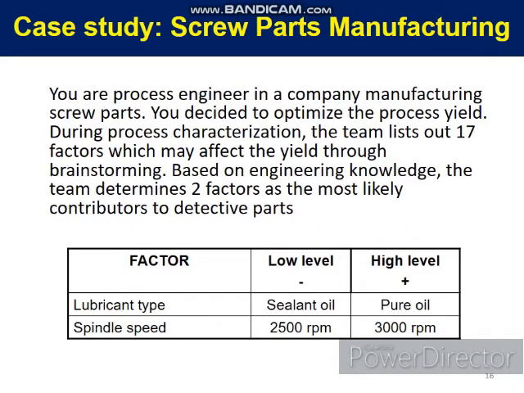Okay? Let's look at this particular example. This is a case study of screw parts manufacturing. You are a process engineer in a company manufacturing screw parts. You decided to optimize the process yield, meaning that you want to maximize the process yield.